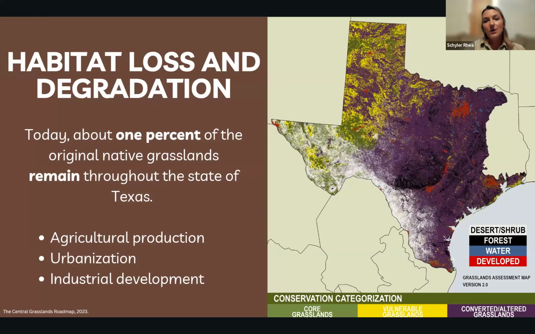However, it is hard and rare to find them. And this is only going to keep spreading as urbanization continues to happen. But most of this has been the effect of agricultural production, urbanization, and industrial development. So it has quite drastically changed from the landscape we knew way back before European settlement.